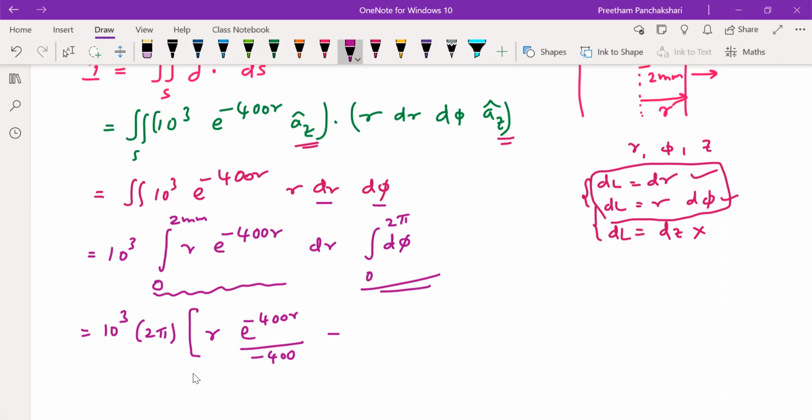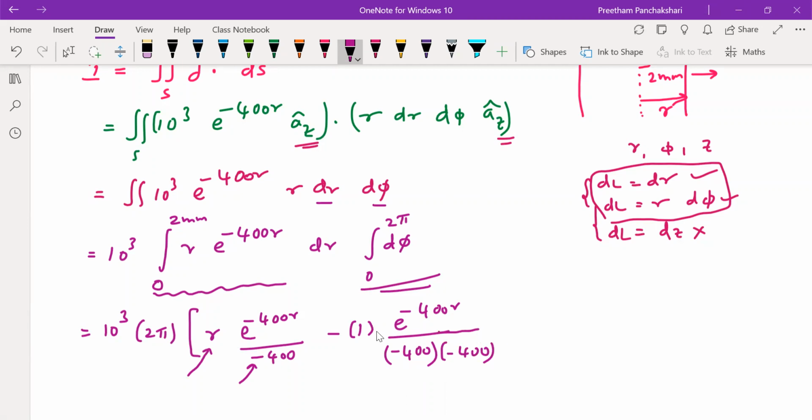Hereafter, this r term should be kept on differentiating. The exponential term should be kept on integrating. So differentiation of r is 1 here. Integration of this exponential term is e power minus 400 r divided by minus 400, which is already there. So one more minus 400 comes into the picture.